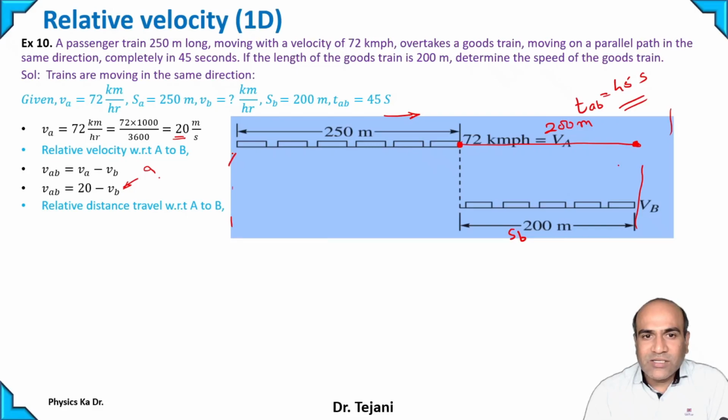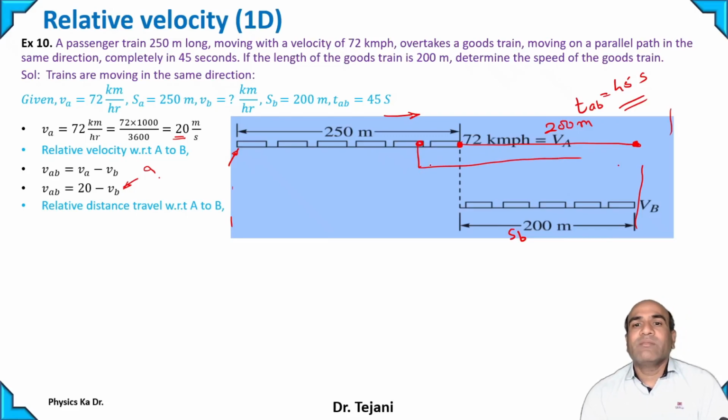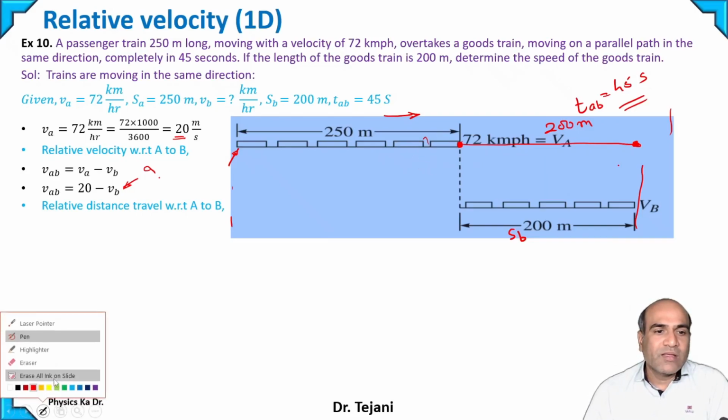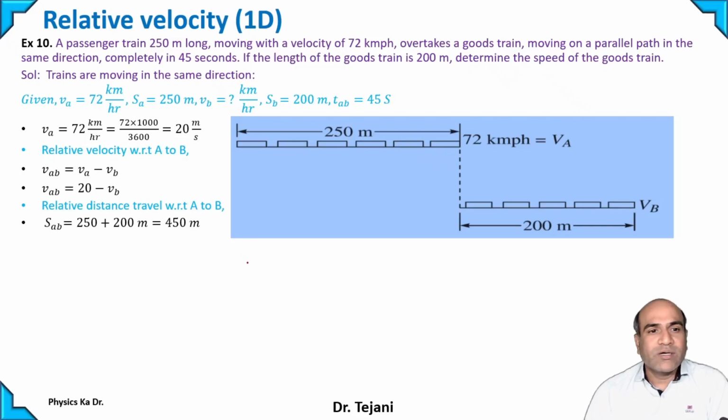But the last part, the guard, is already somewhere here, so that also has to travel fully, and the total becomes 250 plus 200. Whether both are in the same direction or in opposite directions, in both cases the total distance traveled is always the summation of the two lengths. So SAB becomes 450 meter.